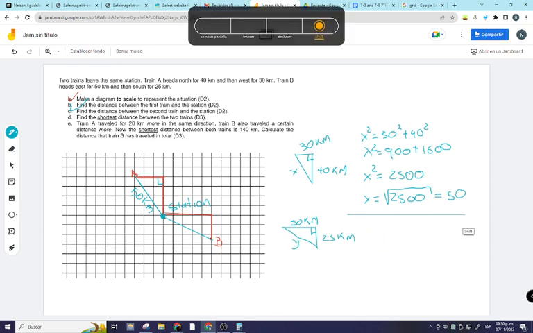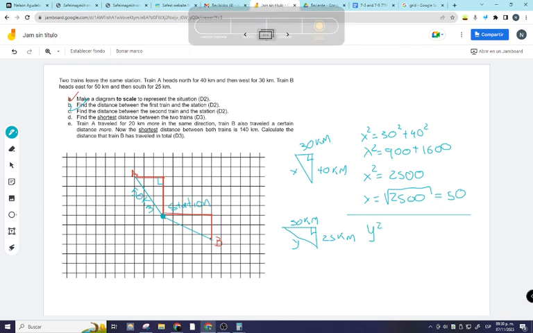So y squared is 50 kilometers squared plus 25 kilometers squared. 50 times 50 is 2500, plus 25 times 25, which would be 625.